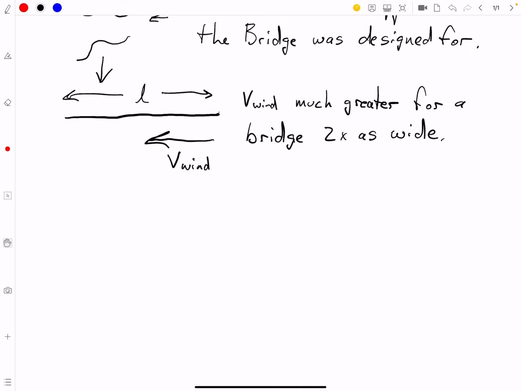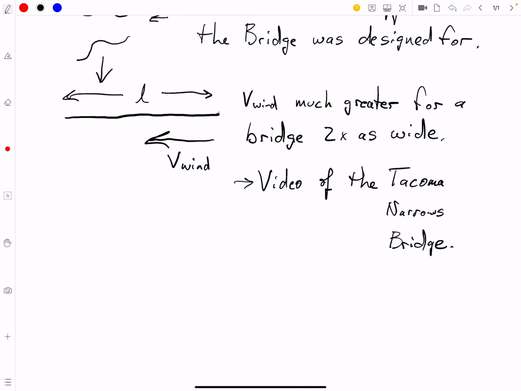So you can go online and find a video of the Tacoma Narrows Bridge, and you'll see it fall apart. It's quite dramatic. You wouldn't have wanted to be on that bridge that day, that's for sure.